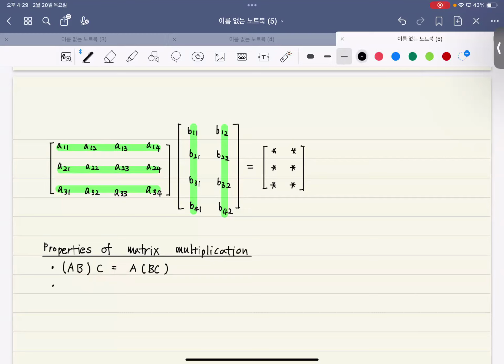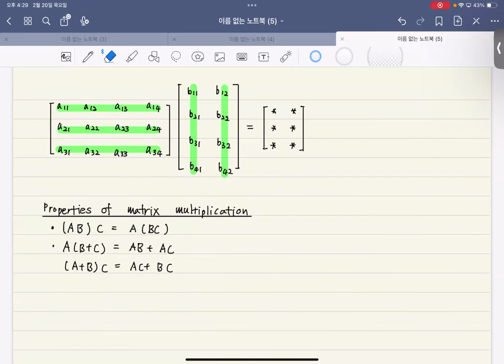The second property is distributivity: A(B+C) = AB + AC, and there are 2 different versions, (A+B)C = AC + BC. So this is also true.